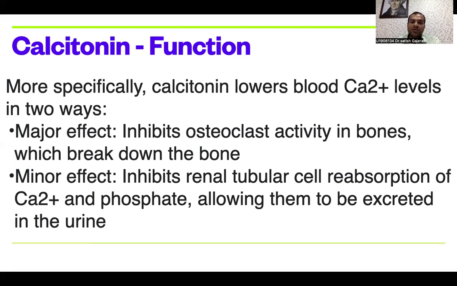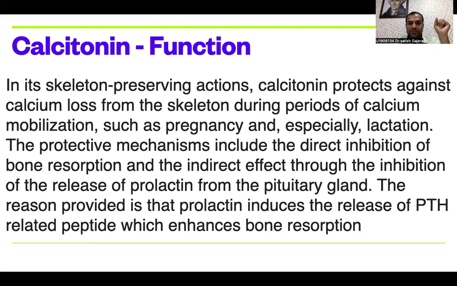It inhibits the renal tubular reabsorption of calcium, so it is excreted in the urine and deposited into the calyx of the renal pelvis, and gradually it combines and forms a stone. So it has a role in creating calcium stones or phosphate stones.